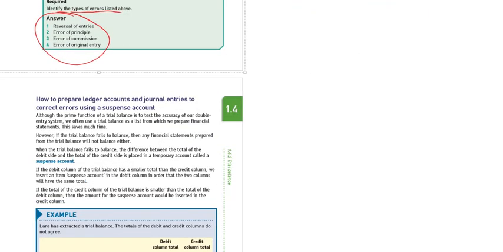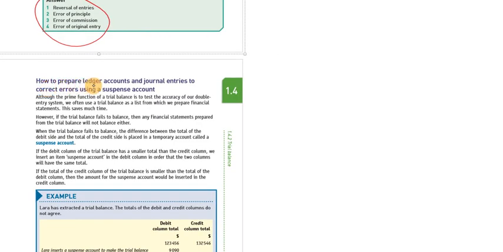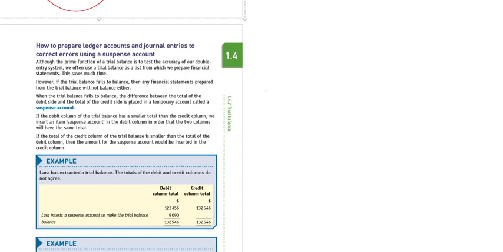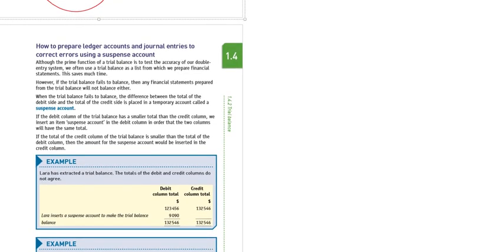So the next concept related to this error is how to prepare ledger account and journal entries to correct errors using a suspense account. So here is the concept of suspense account. When do we need a suspense account, and what is the purpose of opening or making this suspense account?